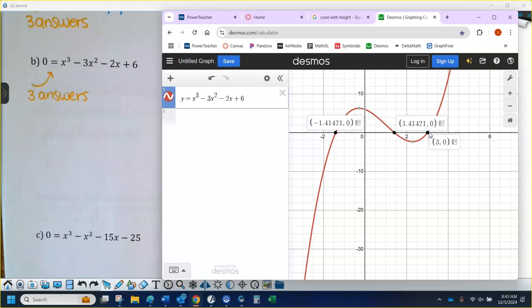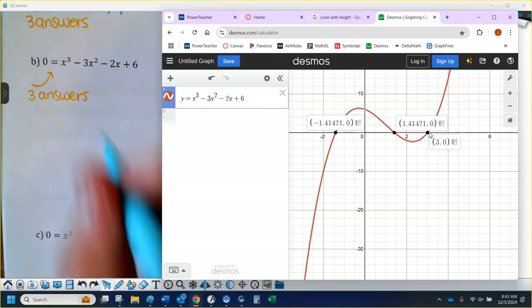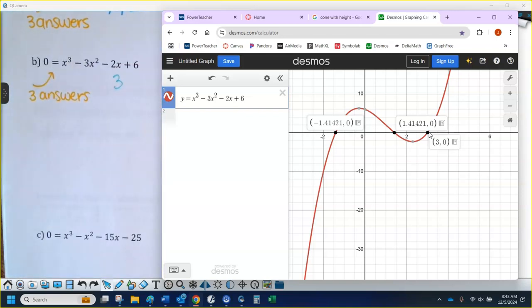But if you've got a nasty number, it's going to want you to write the answer in either simplest radical form or kind of like we did when we broke down a quadratic equation. But at least one of these is a nice answer, which is 3. So I know 3 is a solution right away. So the other 2 are both real numbers.